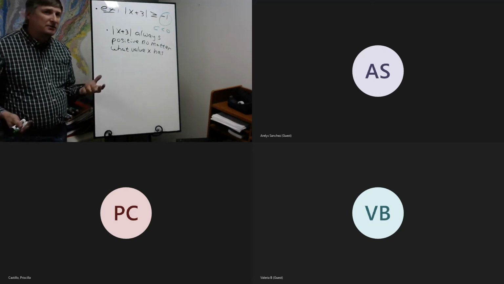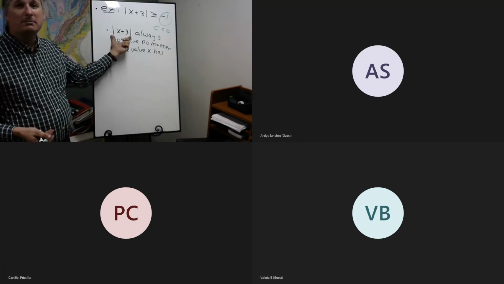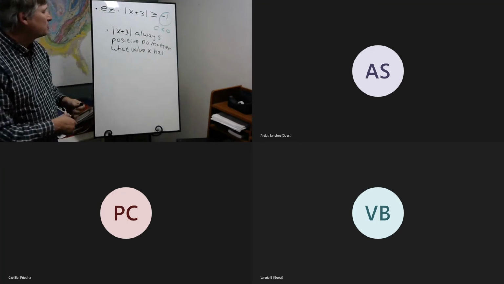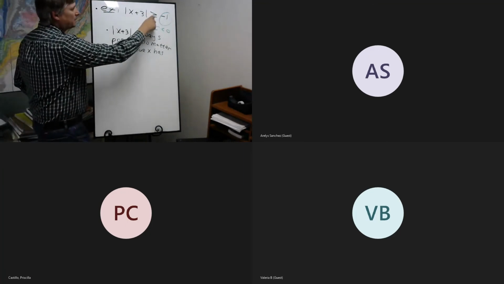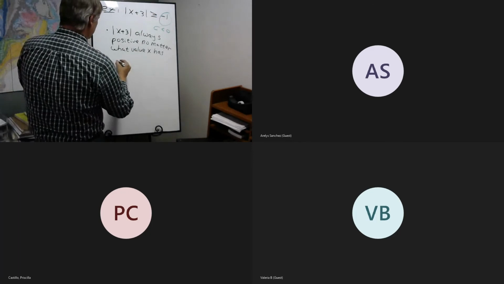And that negative 999,997 will be made positive. This is always true. So when you have an absolute value greater than a negative number, the solution is all real numbers.